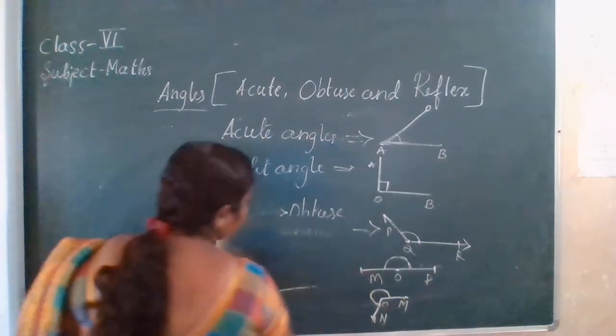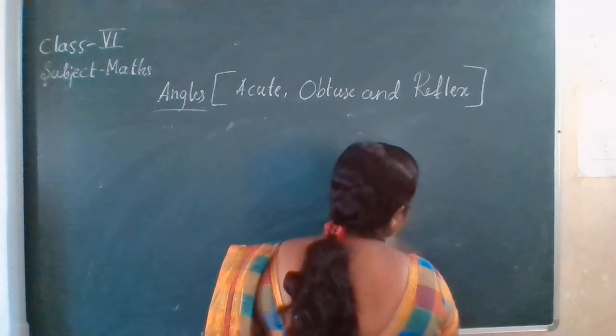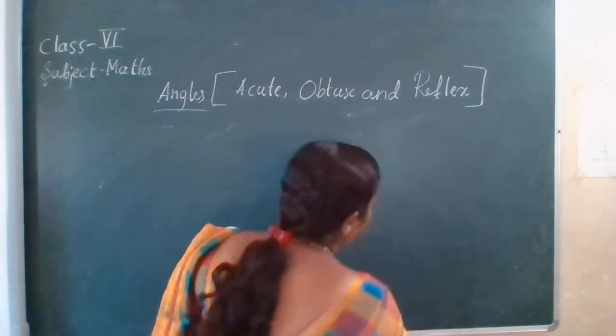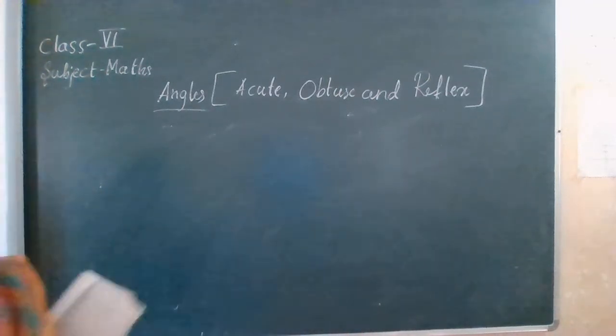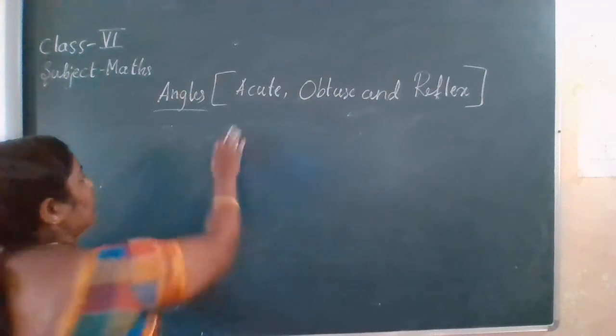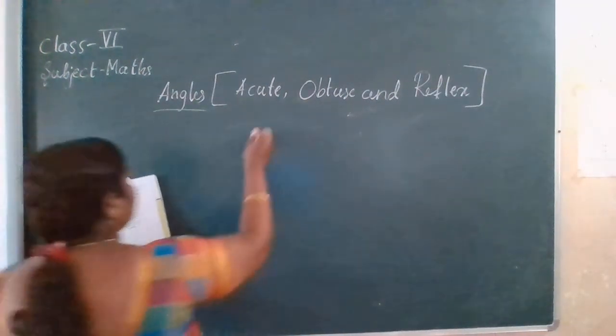Theory you need to understand: below 90 degrees are acute, equal to 90 degrees are right angle, more than 90 degrees are obtuse, more than 180 degrees are reflex, and equal to 180 degrees are straight angles. Try this.